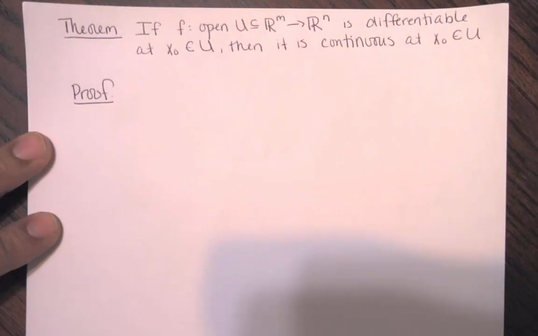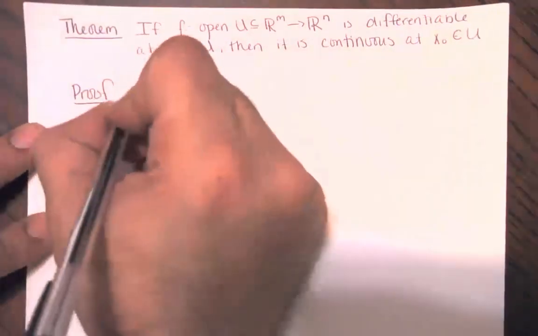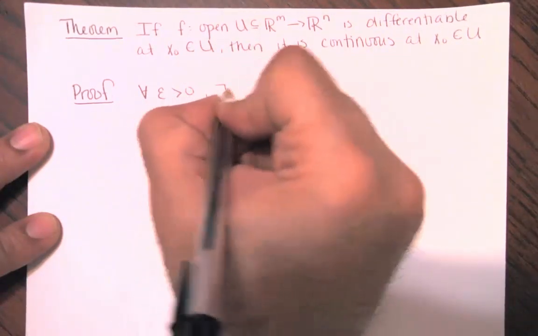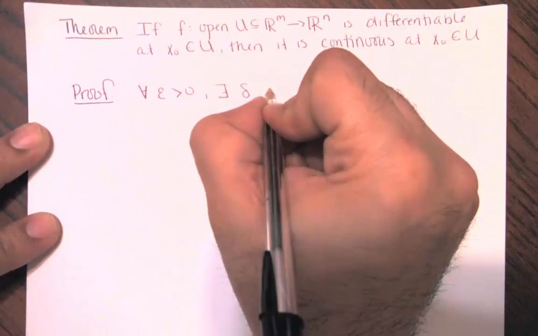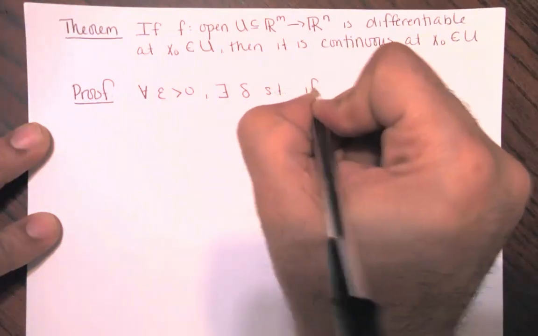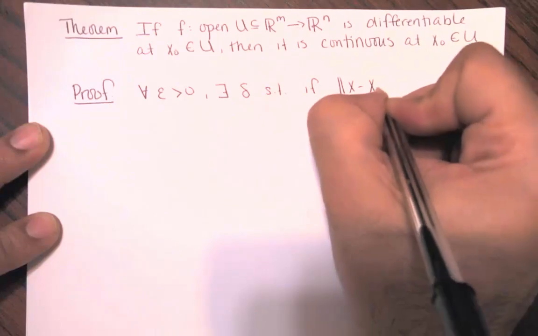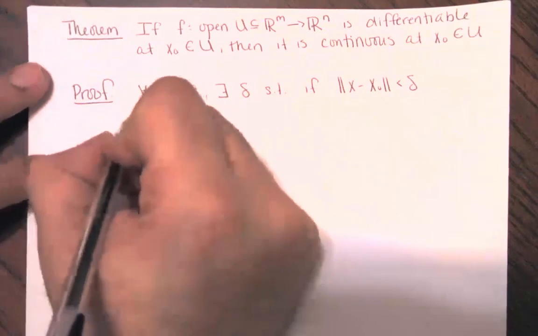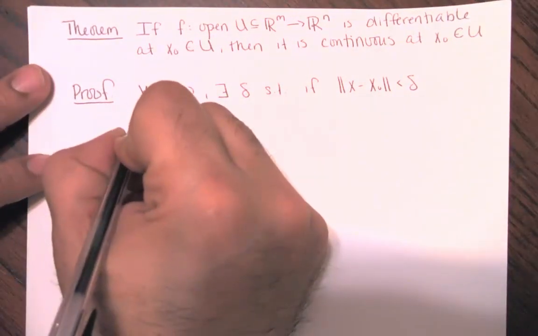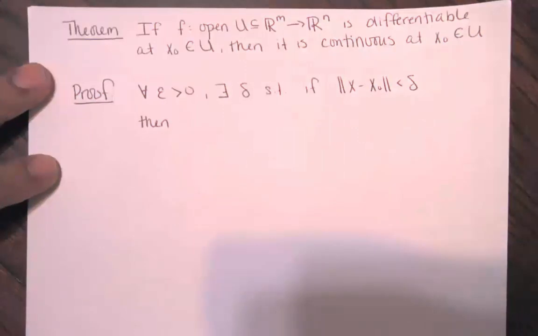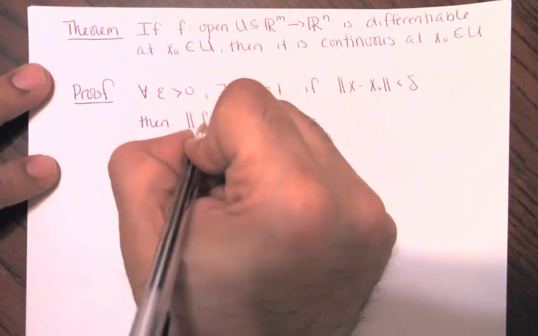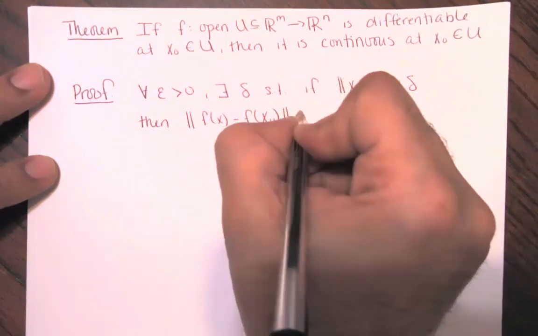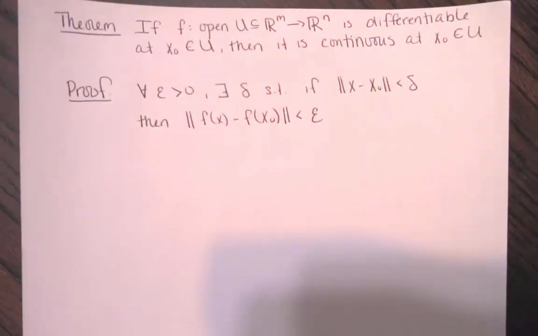Right? I want to show that for any epsilon greater than 0, there exists a delta such that if the norm of x minus x naught is less than delta, then the norm of f of x minus f of x naught is less than epsilon, right?